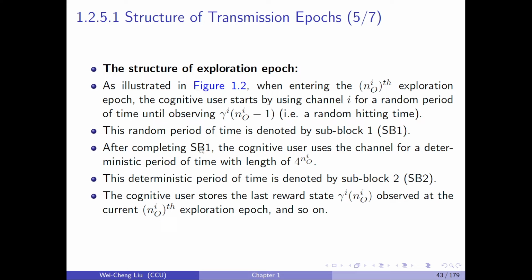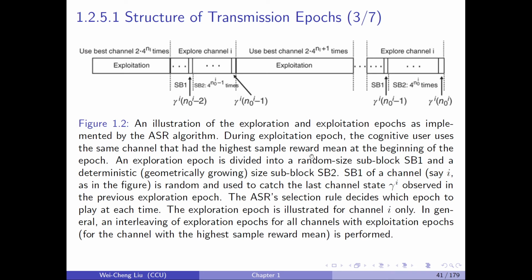After completing SB1, the cognitive user uses the channel for a deterministic period of time with length of 4 to the power of N_I minus 1. This is for SB2.